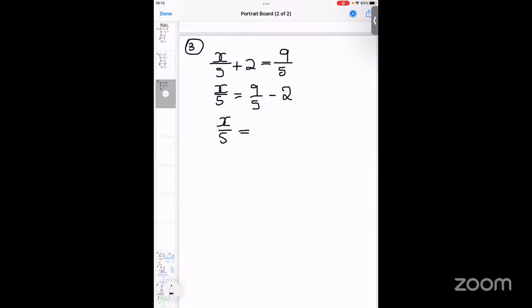What will it be, Manahil? 10 plus 9, Sir, 19. I got negative 1/5. Negative 1.